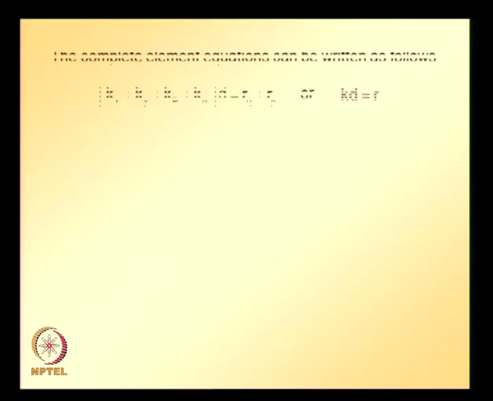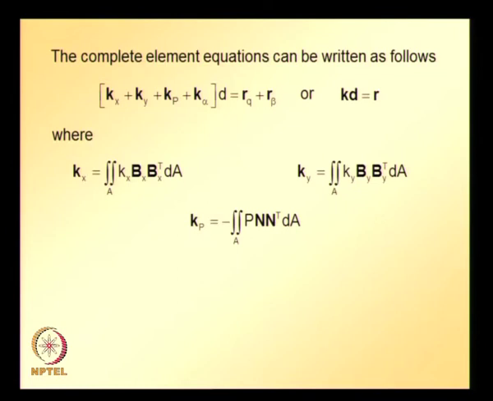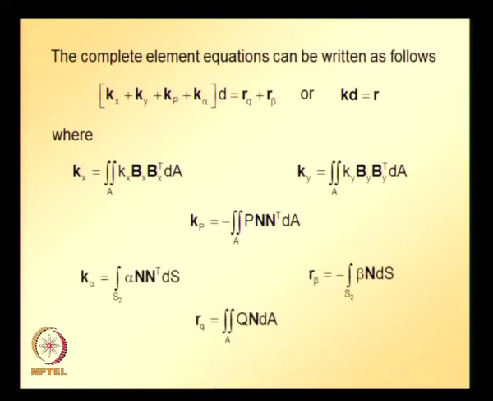Using the Galerkin criteria, after substituting finite element approximations, the complete equations for general 2 dimensional boundary value problems reduce to this, where each of kx, ky, kp, k alpha, r beta, rq are defined here.